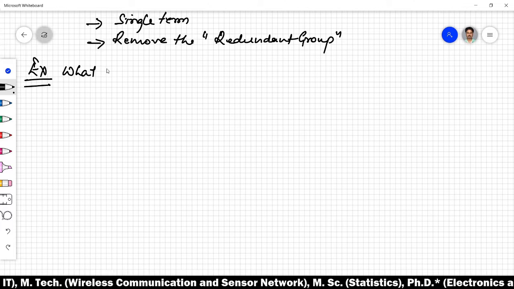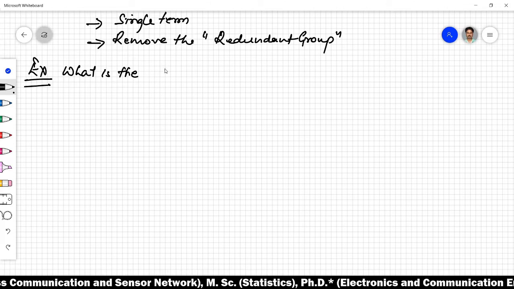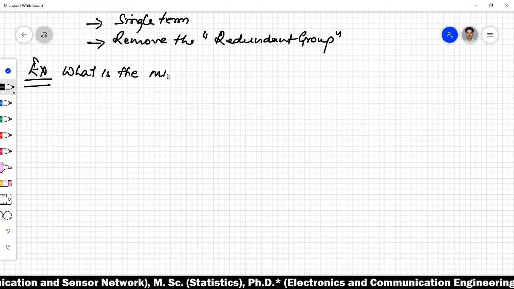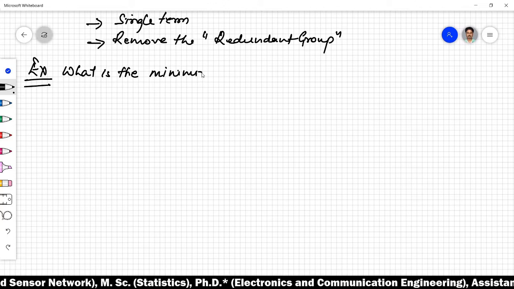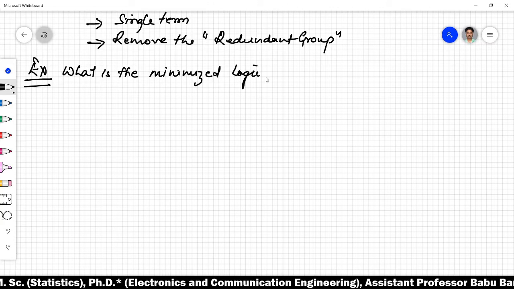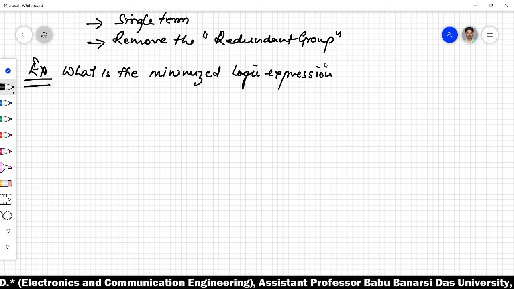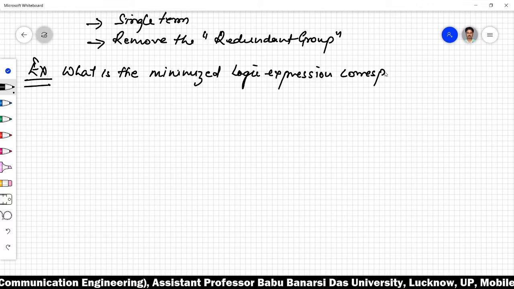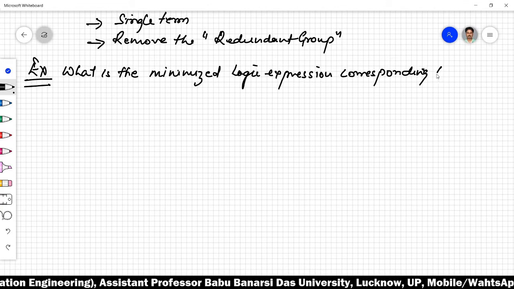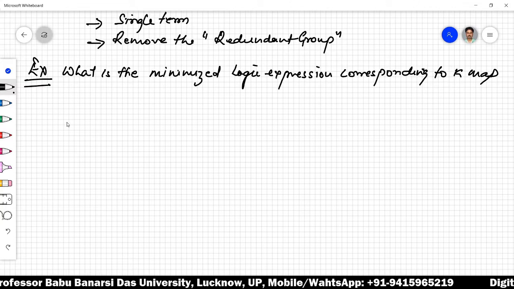It is like, what is the minimized logic expression corresponding to the K-map mentioned below. And let me first draw the K-map.